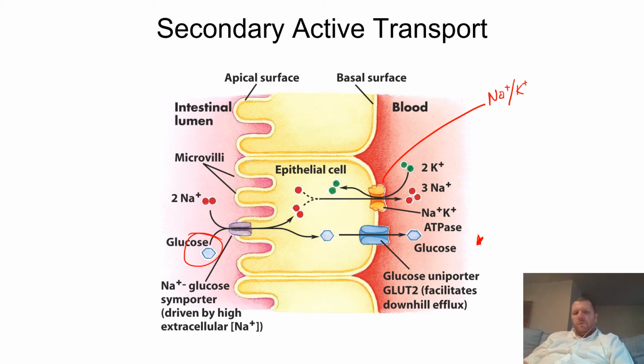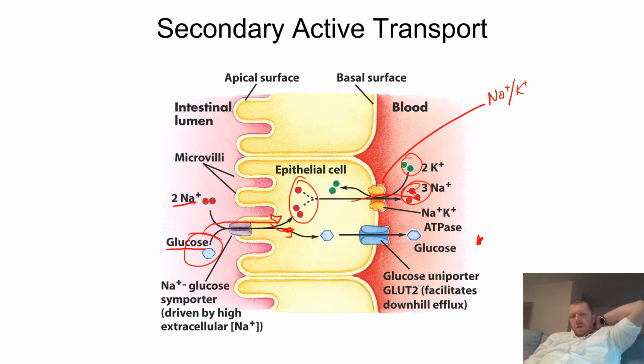Well, we have this symporter that takes two sodium ions and a glucose molecule and transports them into the epithelial cell. Once in the epithelial cell, you've got to get the sodium out of the cell, so you're going to use our sodium potassium pump that is going to bring 2 potassium ions into the cell and take 3 sodium ions outside of the cell.